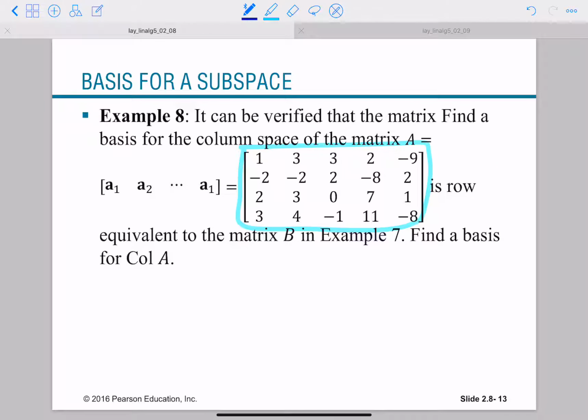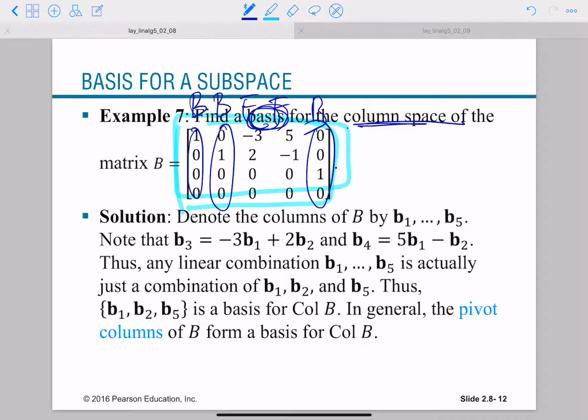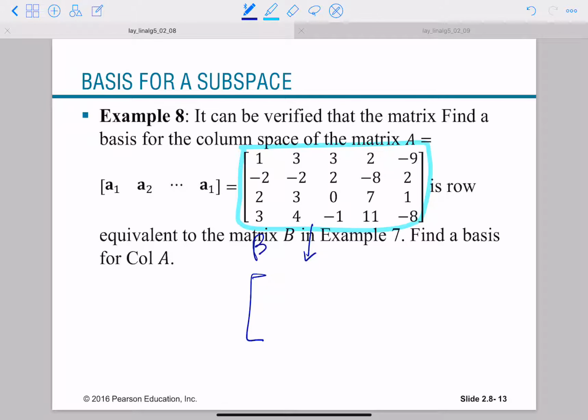But what about this one? We first obtain the reduced echelon form, and this is how these examples are designed. The pattern is B, B, F, F, B. What will be the basis for the column space of the matrix A?